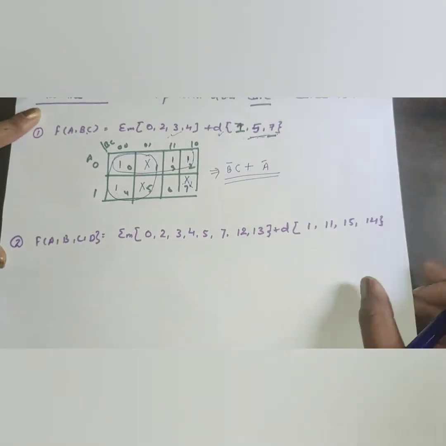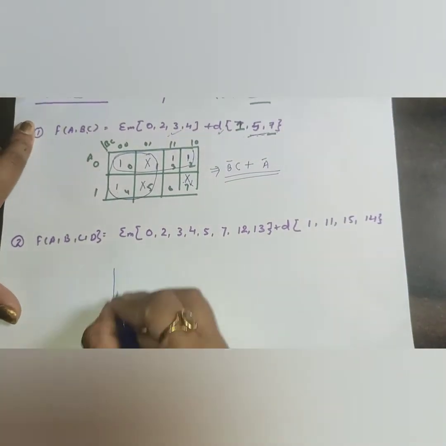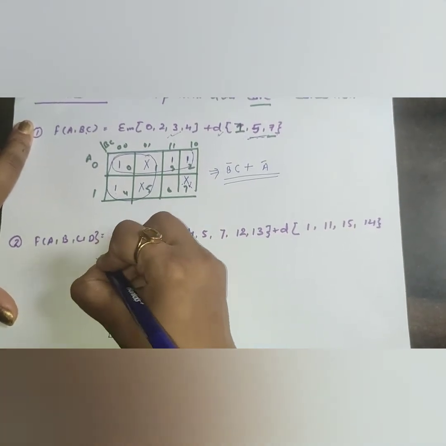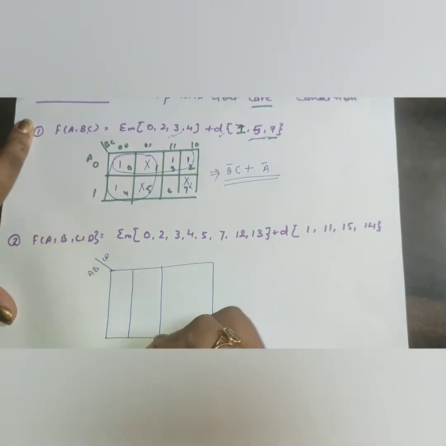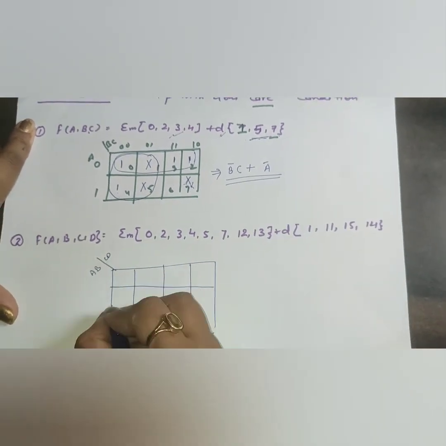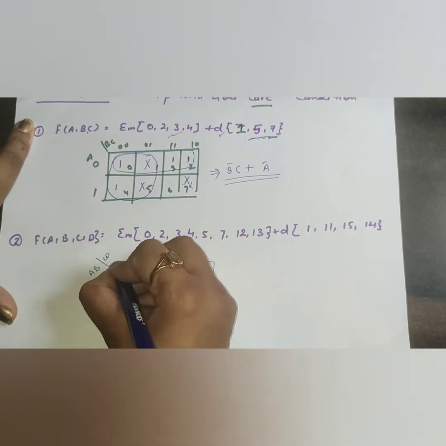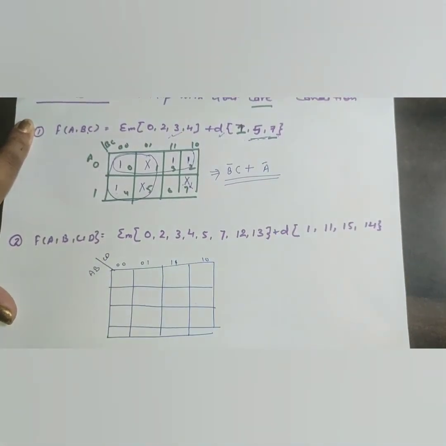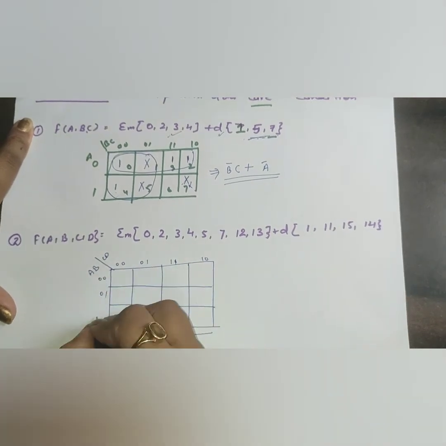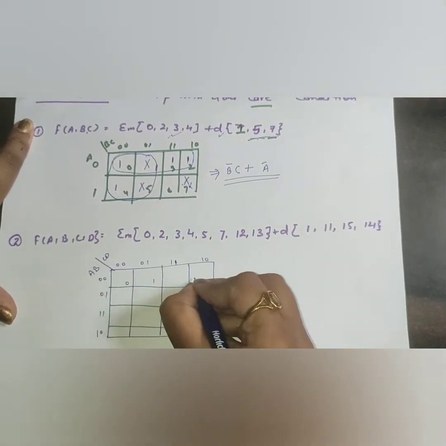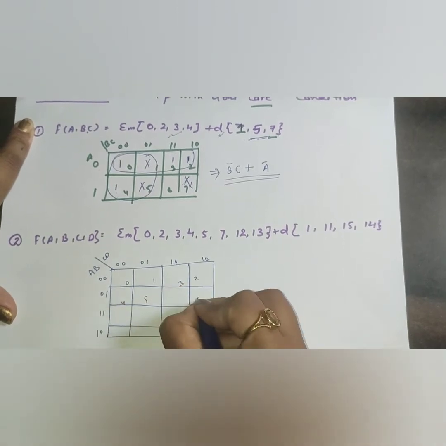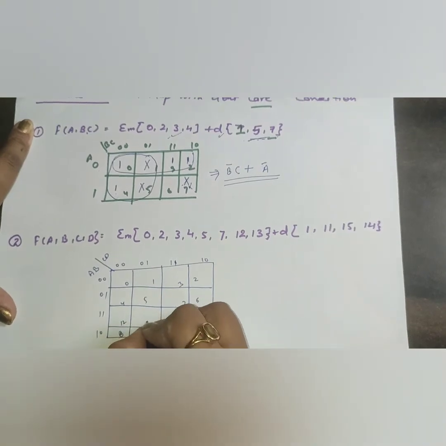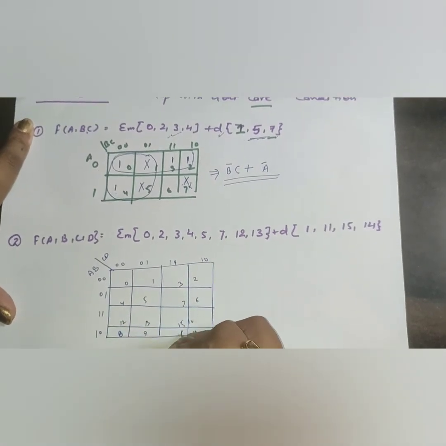Now we will do another example of a 4 variable K-MAP like this. A, B, C, D, 4 variables, it means 16 cells, numbered 0, 1, 2, 3, 4, 5, 6, 7, 8, 9, 10, 11, 12, 13, 14, 15.